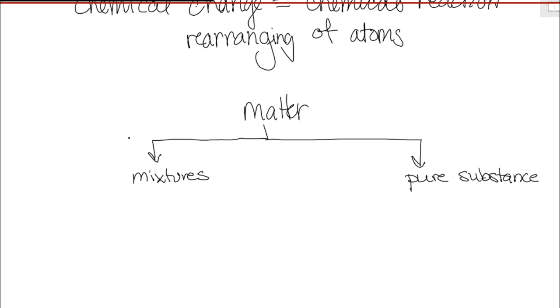If we were to scoop the substance up and it looked different based on what part we took, that would be a mixture. So a good example of a mixture would be cookie dough with chocolate chips in it, right? Or cake mix with blueberries or something like that, something food related. Salad is a mixture, okay? A pure substance is one where no matter what we take, we will always see the same composition.